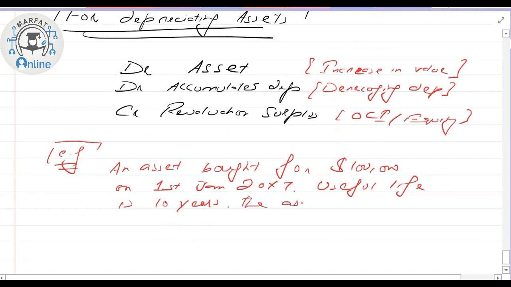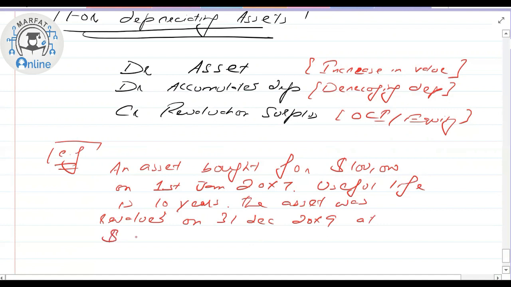The asset was revalued on 31st December 20x9. That means after 3 years. The asset was revalued at 120,000.